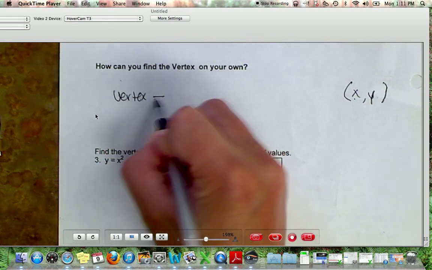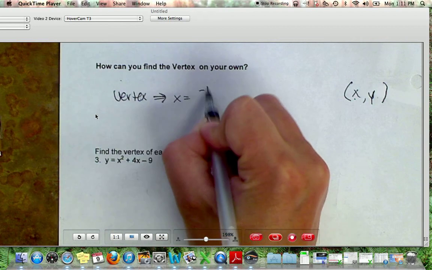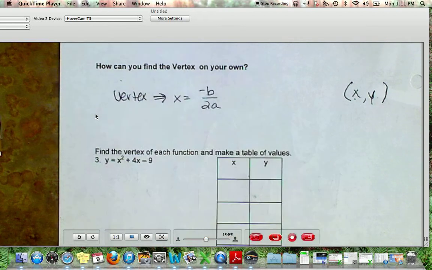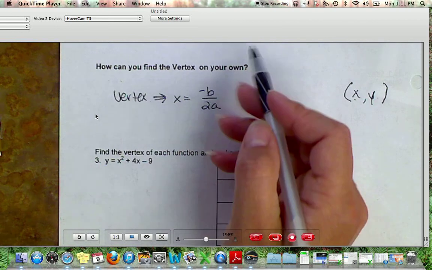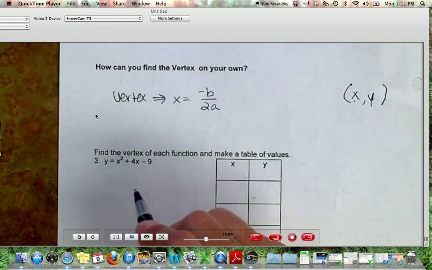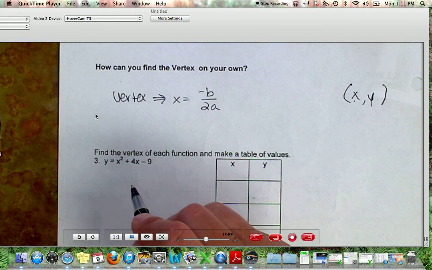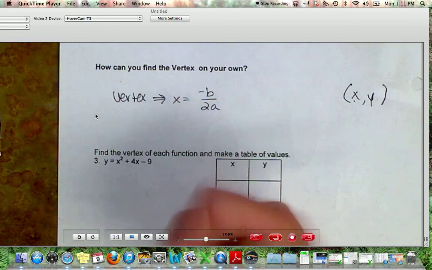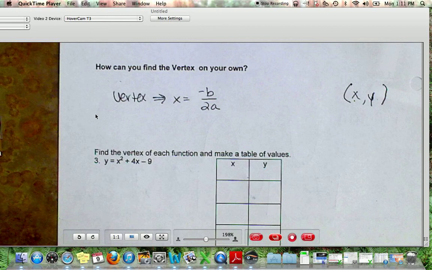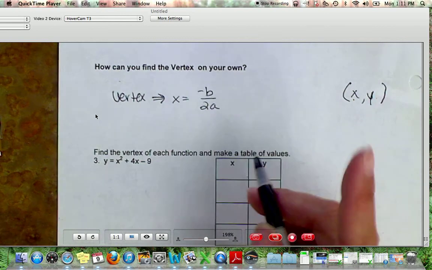So the vertex is this, x equals negative b over 2a. So we've got to identify the parts, and then the vertex is also the maximum or the minimum value in the parabola. Like we talked about that on the front.